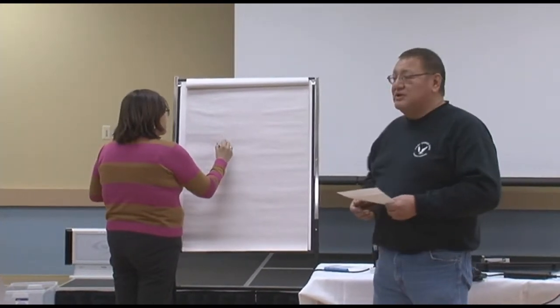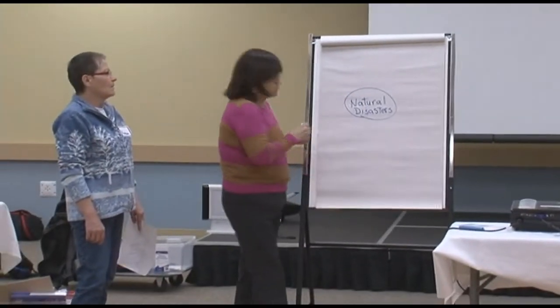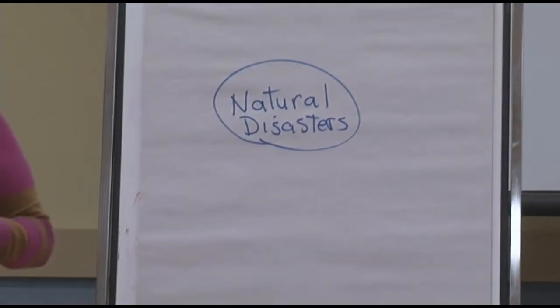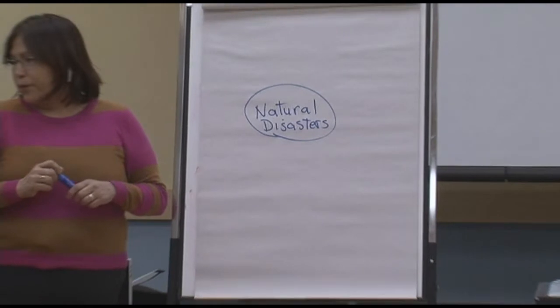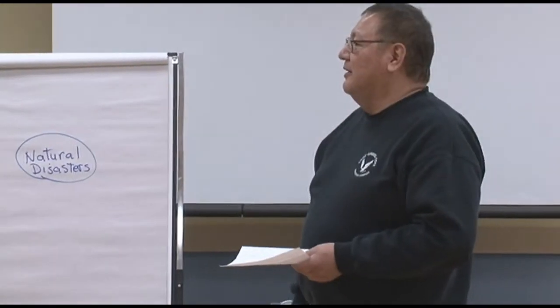So here's our demonstration. Our topic is natural disasters. We want to know what they are, what they do, and some examples. So right now, we can have a volunteer. Our fish is going to go this way.